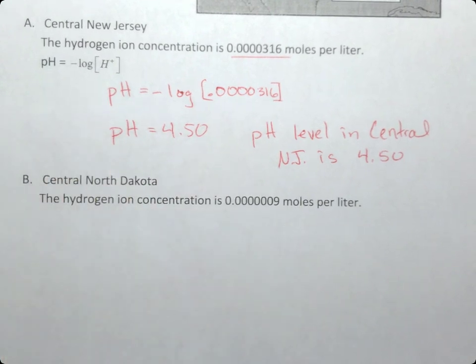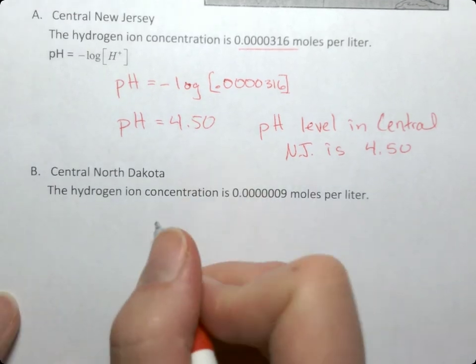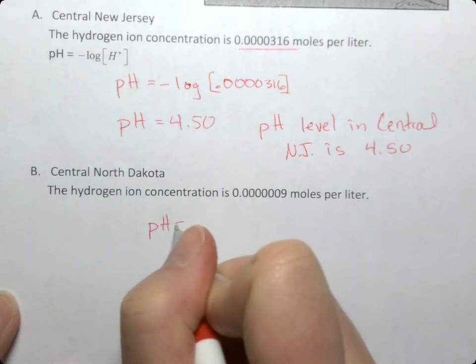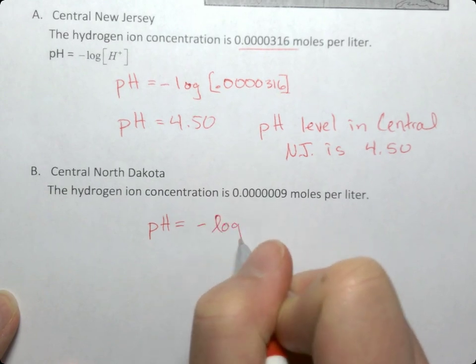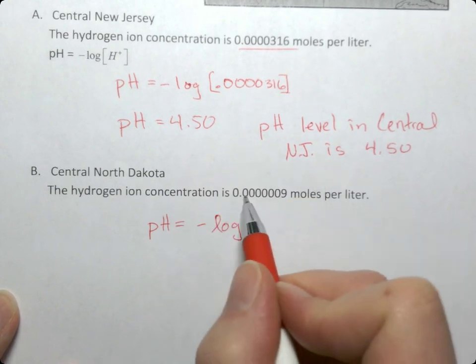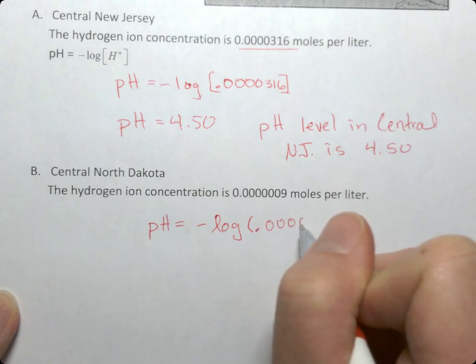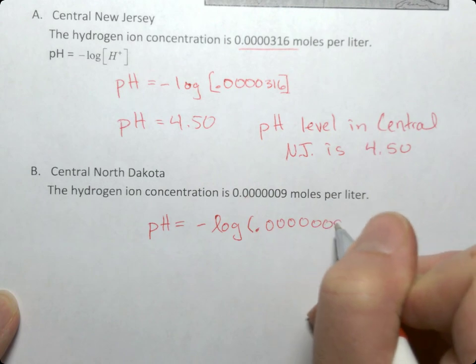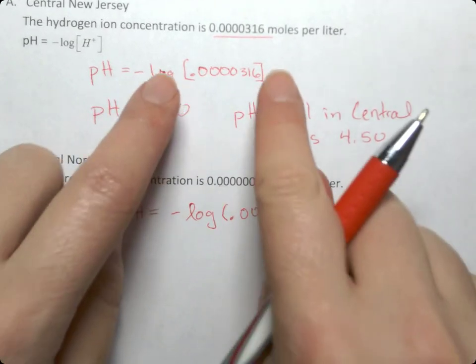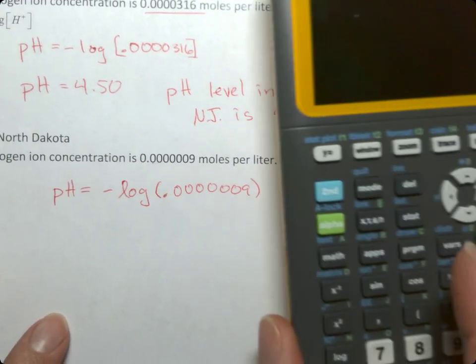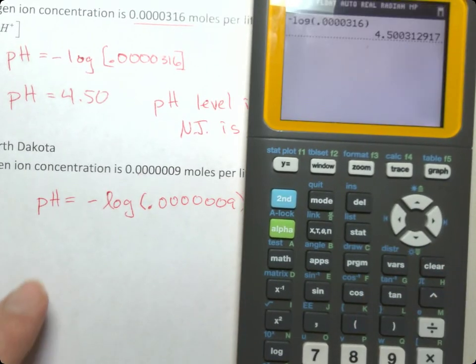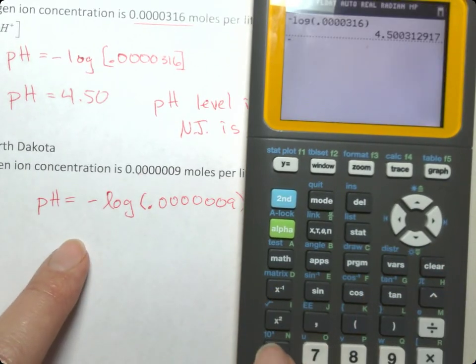You're using that same formula. Write it down, even though you're using your calculator. So we are going to find the pH by plugging it into negative log, and watch your zeros: 1, 2, 3, 4, 5, 6, because that does make a big difference. I use brackets, but you can use brackets or parentheses, just to group it. Then again you type in negative, then your log key right beside the 7. Count your zeros.